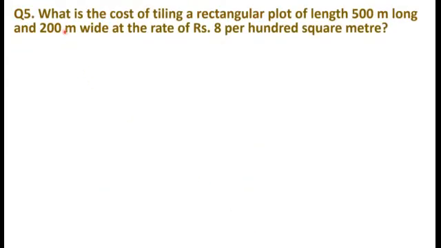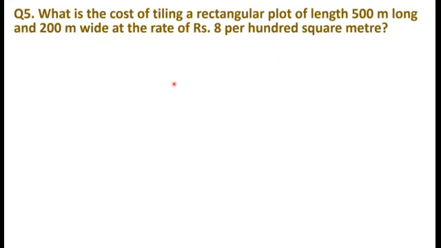Next question, what is the cost of tiling a rectangular plot of length 500 meter and 200 meter wide at the rate of rupees 8 per 100 square meter? So first of all, for tiling we need to find out area.